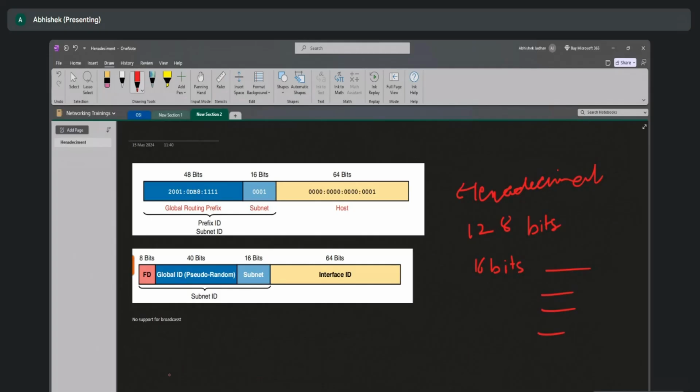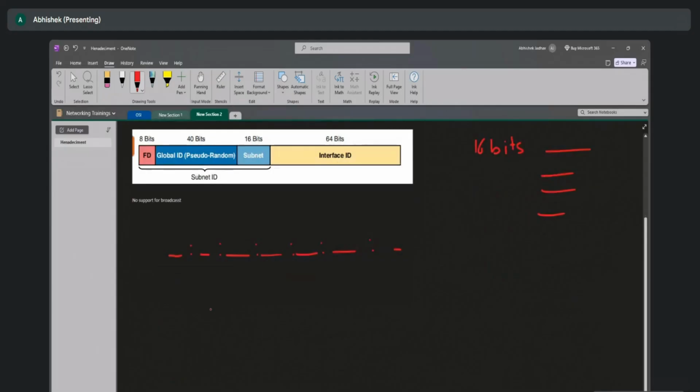So it is like this: 16, 16, 16, 16, 16, 16, like that. So in hexadecimal, not in dotted decimal format like IPv4. So that's the major difference between IPv6 and IPv4. IPv4 is denoted in the form of decimals, as we earlier discussed. So there will be a number here, here, here, here, and here, and it will be separated with dots.